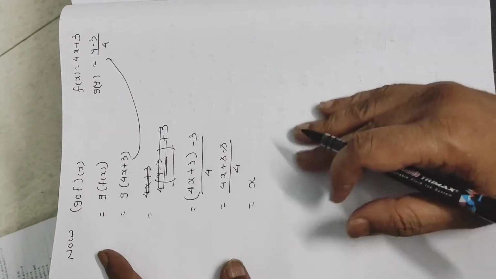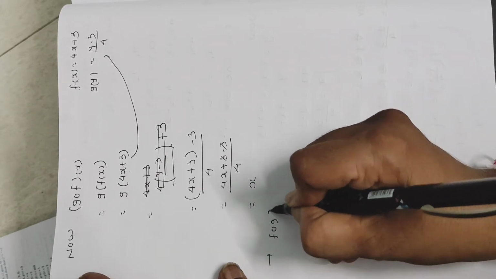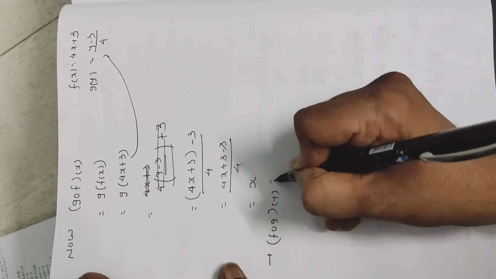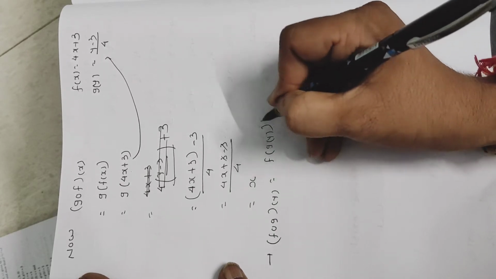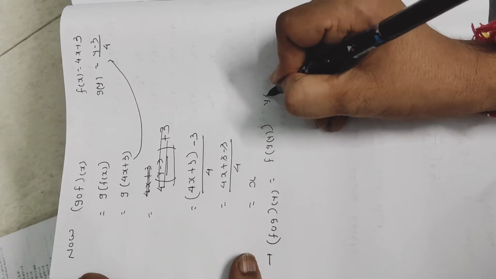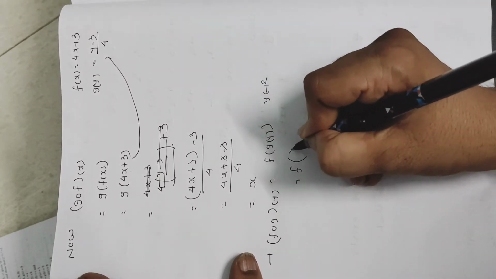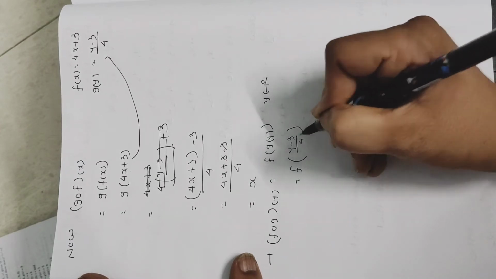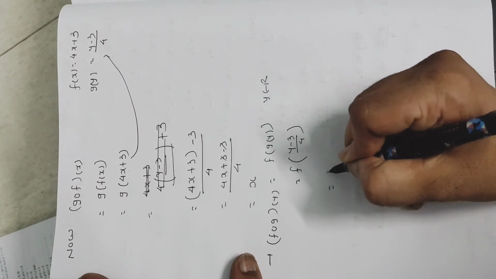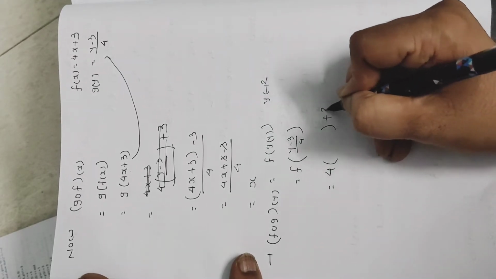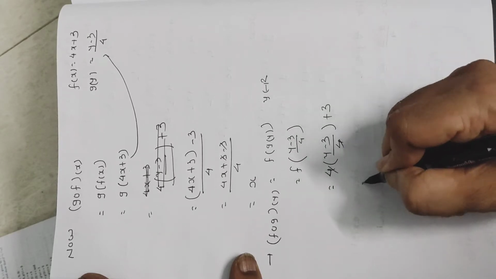Now f o g of y is equal to f of g(y), where y belongs to R. f(g(y)) is equal to what? 4 times (y minus 3) by 4 plus 3. This and this is cancelled.